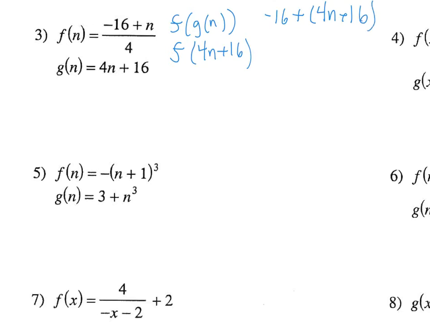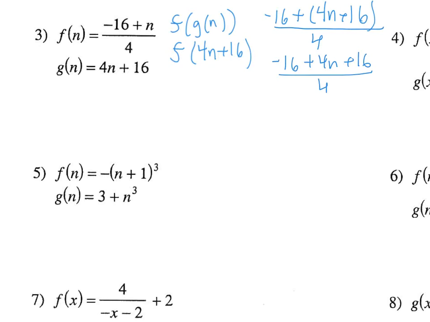So again, a reminder, wherever n is, that's where our input to our function is going to take the place of. And now our function itself is a fraction, so f of n is all of that divided by 4. So what we want to do is simplify this and show that it just comes out to be n. So we get negative 16 plus 4n plus 16, and that's all over 4.